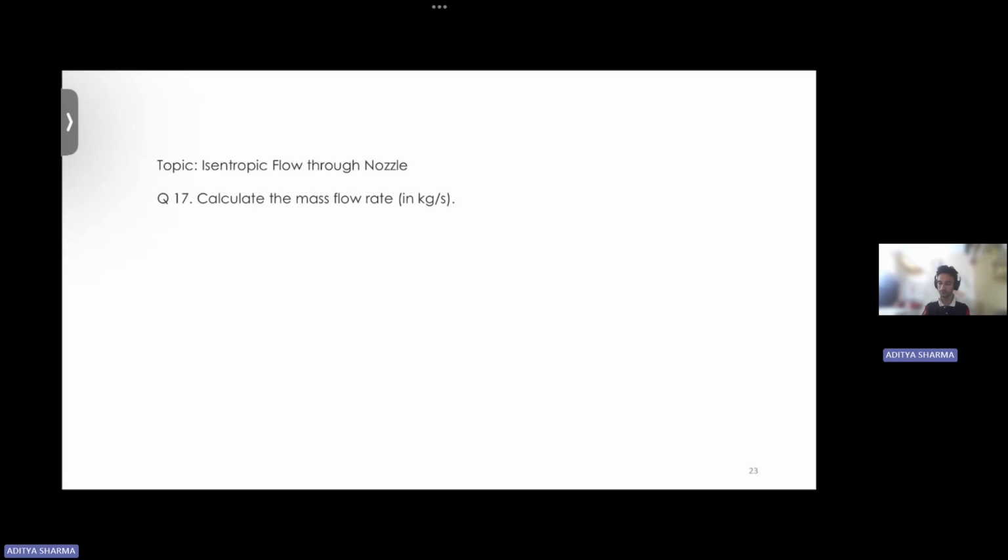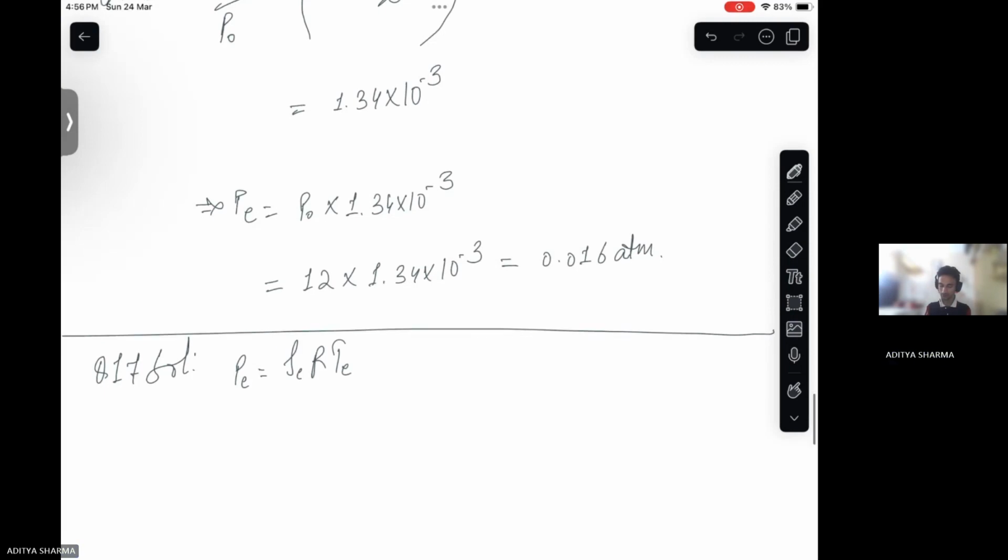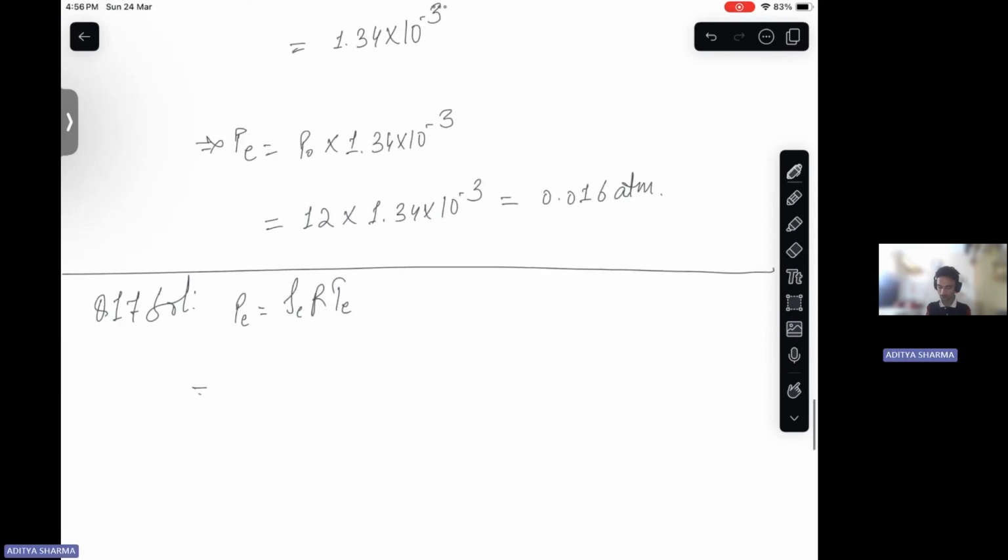So let's do it. We know P equals rho E R T E. P exit is 0.016 into 101325, rho E we have to find, R is 287, TE is 78.57.